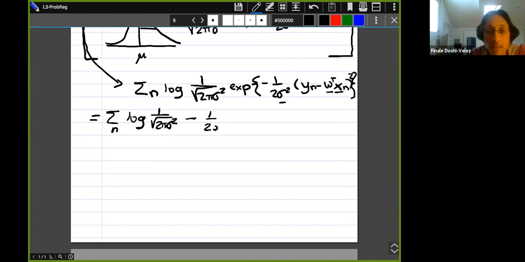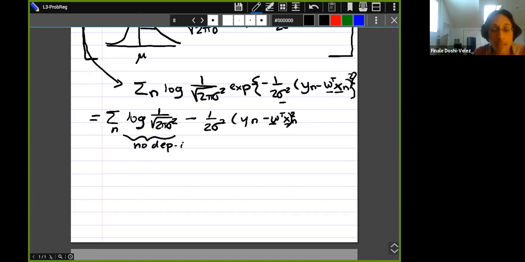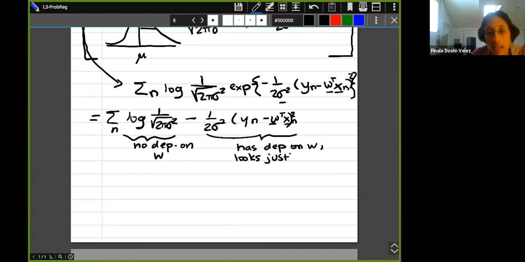And we end up with 1 over 2 sigma squared (y_n minus w transpose x_n) squared. So this first part has no dependence on w, whereas this part over here has a dependence on w, and it looks just like our least squares loss.